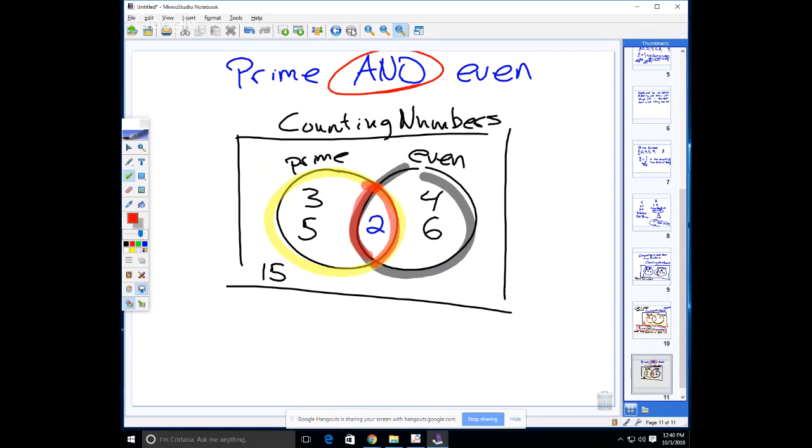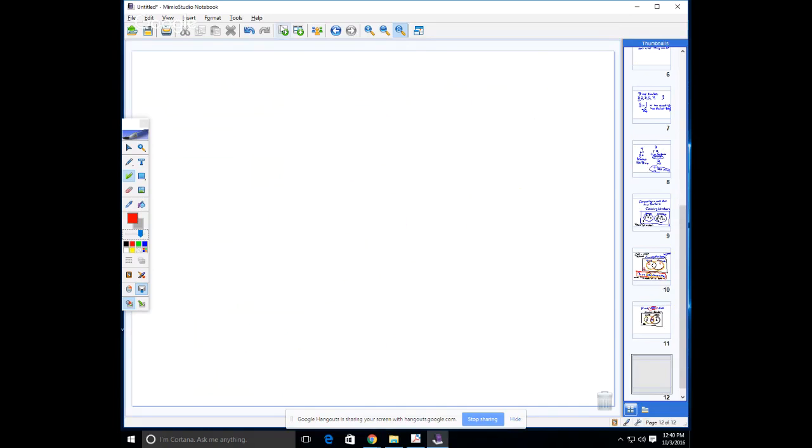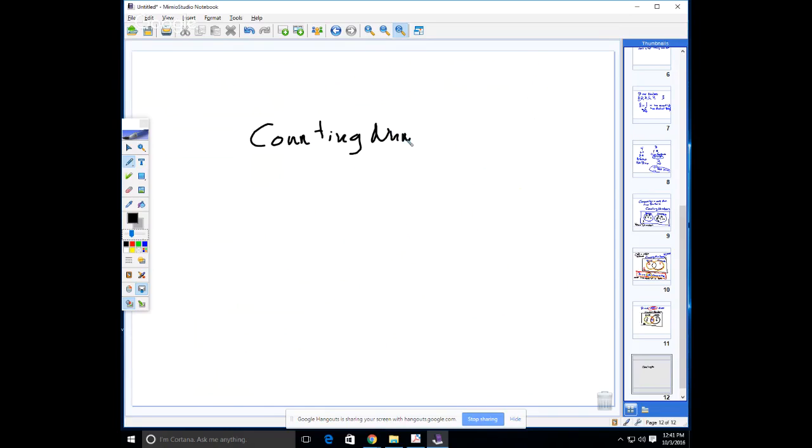All right, so let's make it just a little bit more interesting. New page. We'll keep it a little tame today. So let's switch the universe. Here the universe is going to be counting numbers that happen to be less than 10.